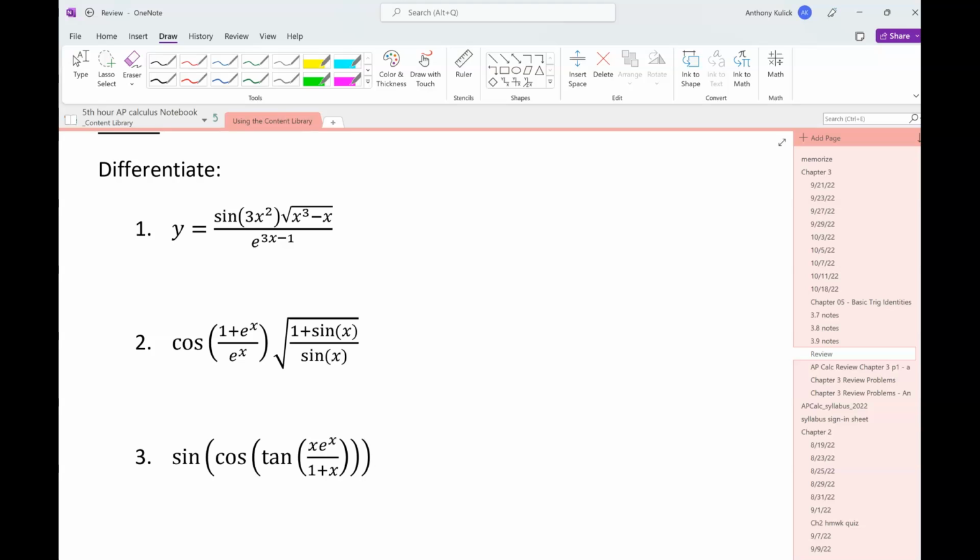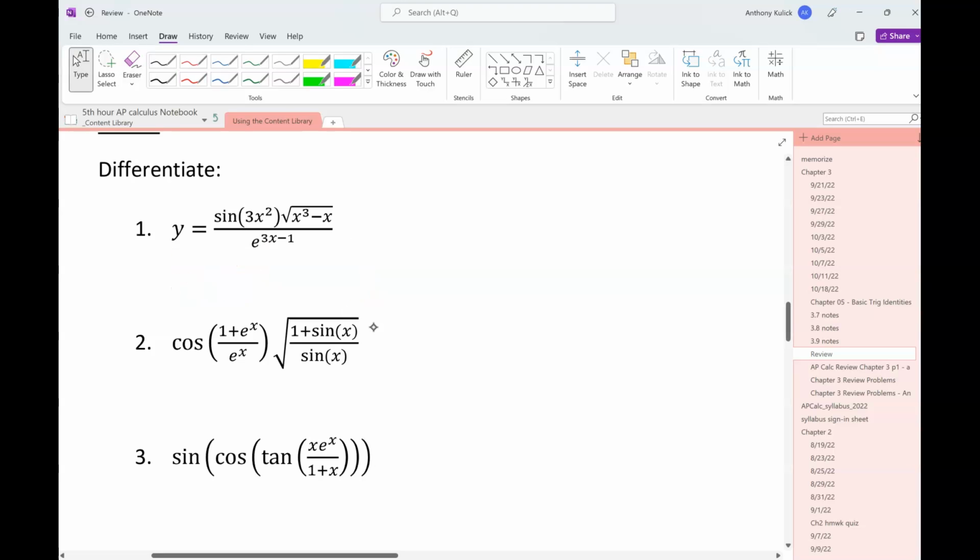The quotient rule, right? Because what we're doing is we're doing the derivative of both sides, and starting off, that is a fraction. So quotient rule is the first thing that would need to happen, right?